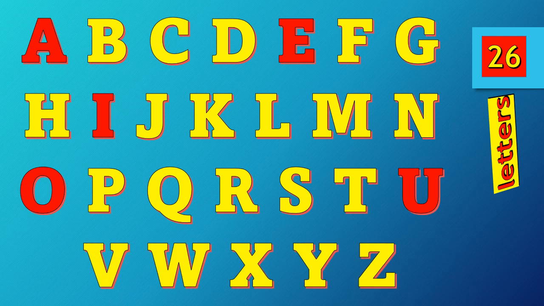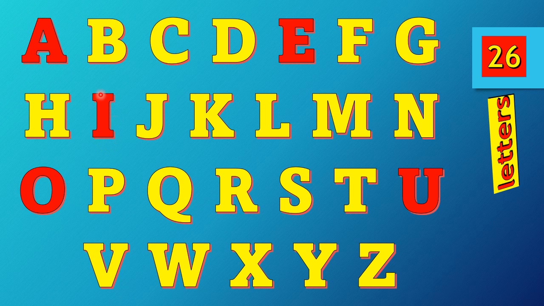Okay, good. So, what's this? S. Is it a consonant or vowel? Consonant. Very good. What's this? K. Yes. Is it a consonant or a vowel? Consonant. Very good.